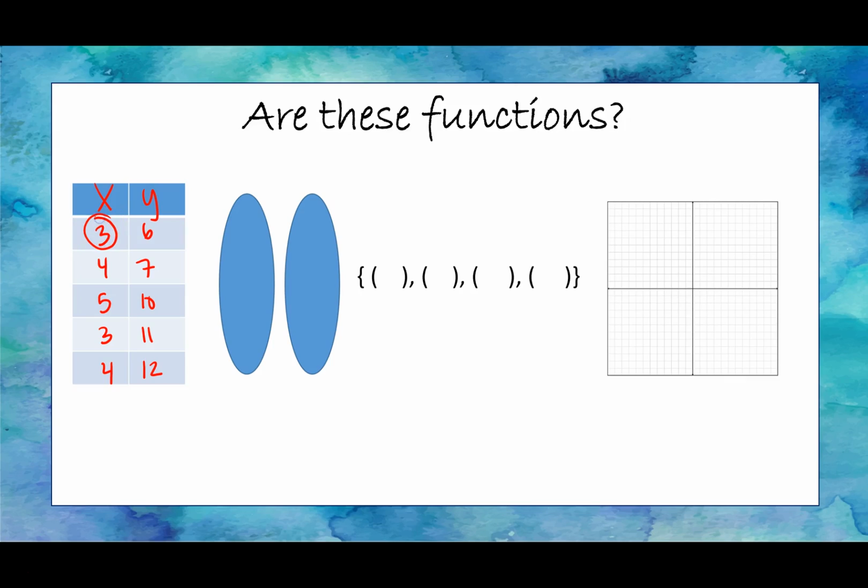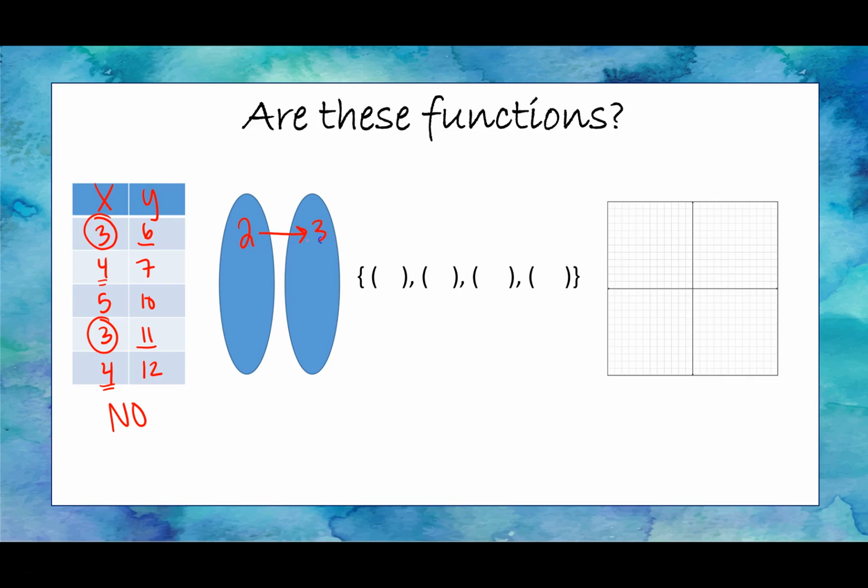Here, this 3 goes to 6, and that should be it for 3. But here, 3 goes to 11, and that's not allowed if you're a function. So this would be no. There's also an issue with the 4. The 4 goes to 12, and the 4 goes to 7. That's a problem.